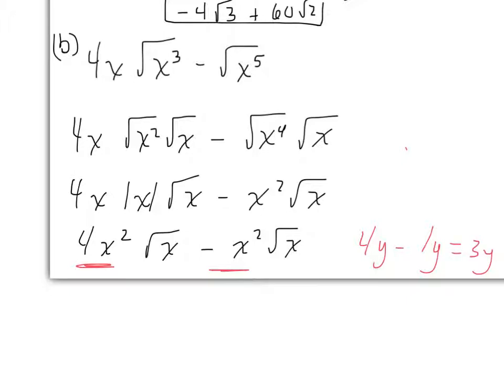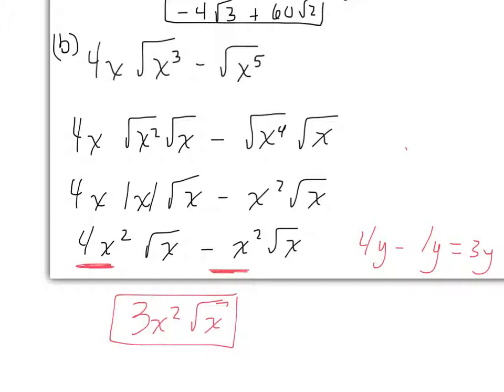This is 4x squared minus x squared, which is just 3x squared radical x. Remembering that whatever's out in front is like your coefficient. Even if whatever's out in front is a variable, remember, combine the coefficients and carry down whatever this is. And again, 4y minus 1y. That's what this is, 4y minus 1y.